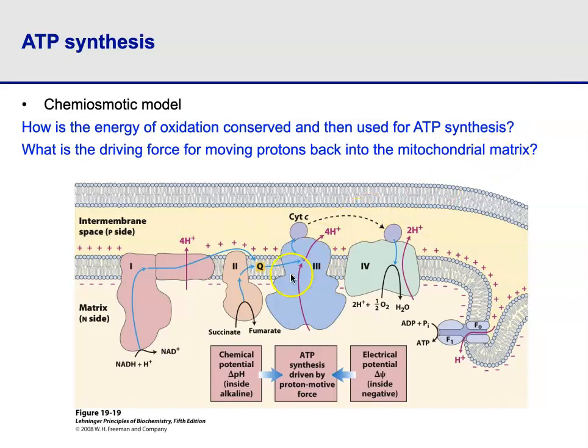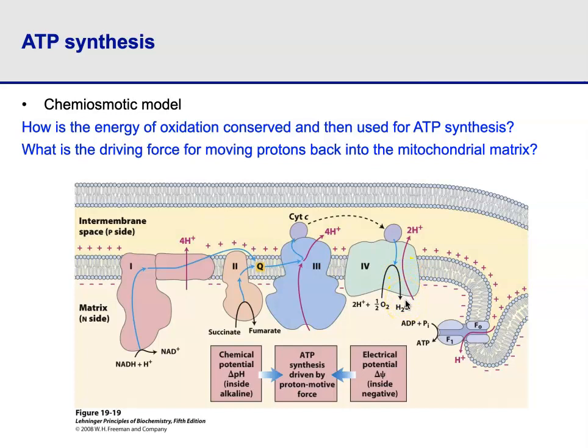These electrons were offloaded to complex 1, or directly to Q, and then to complex 3 and 4, and ultimately to oxygen.